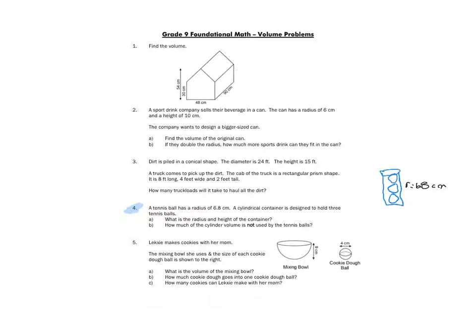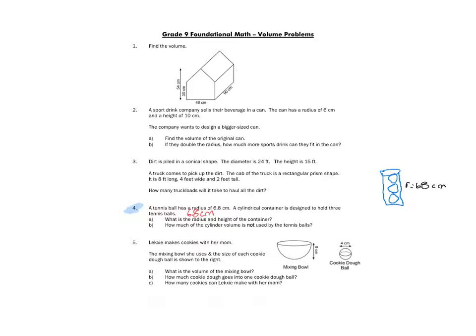You wouldn't think it, but that's actually enough information to figure out the answer to part A. The radius of the container, even though my container is not drawn to scale by any means, is actually going to be the same as the radius of a tennis ball. And the radius of the container is going to be 6.8 centimeters.